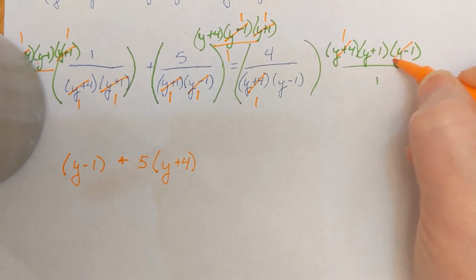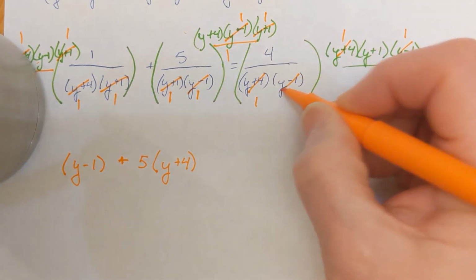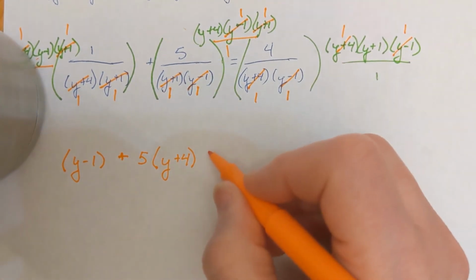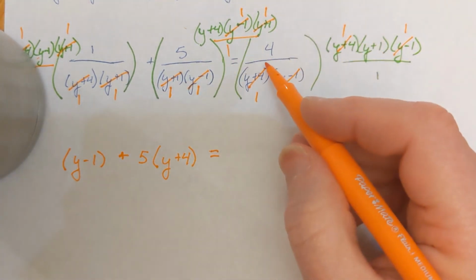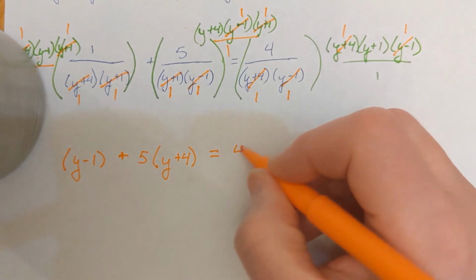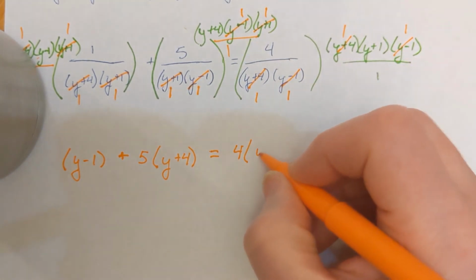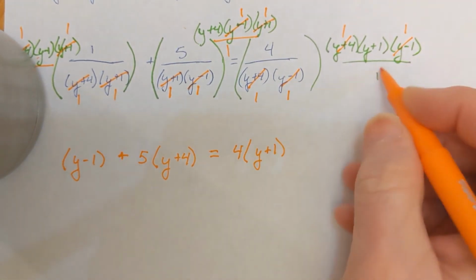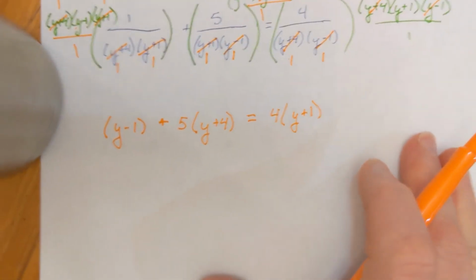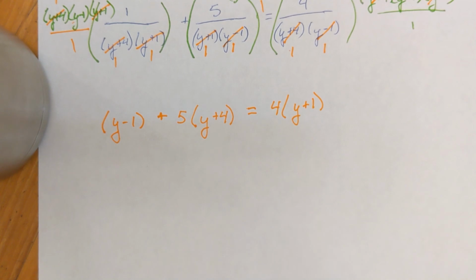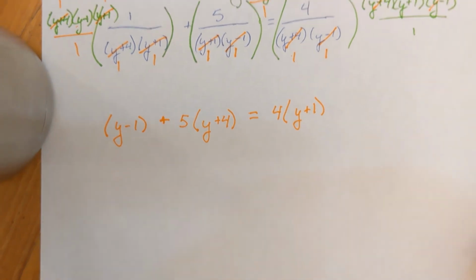I can divide out this y minus 1 with this y minus 1 equals, because this is my equal sign, 4 times y plus 1, and again this is all over 1. So my new equation looks much simpler, even though the orange pen's a little hard to see. And this I know how to solve.